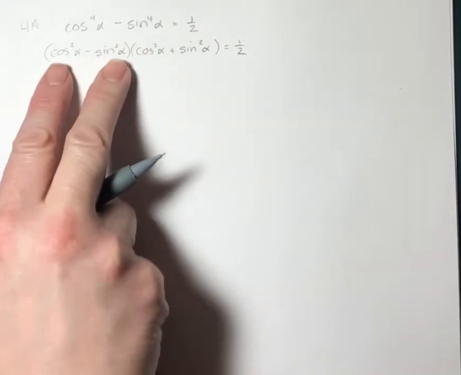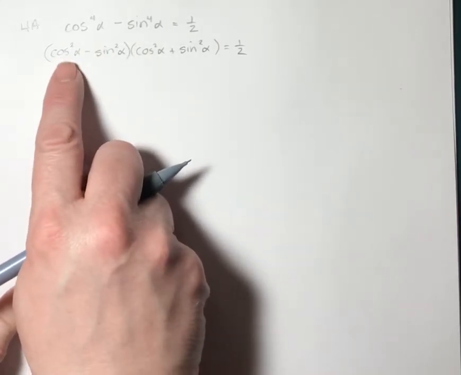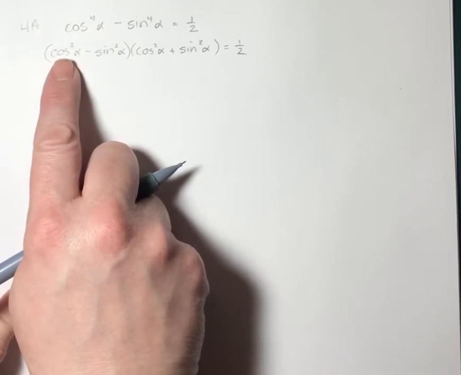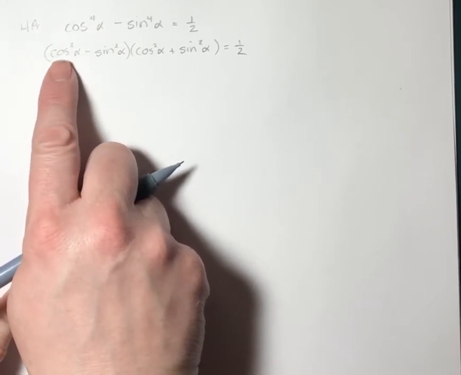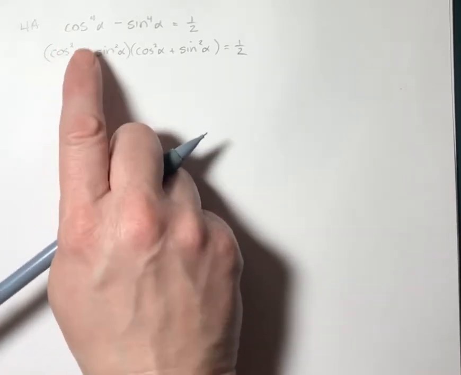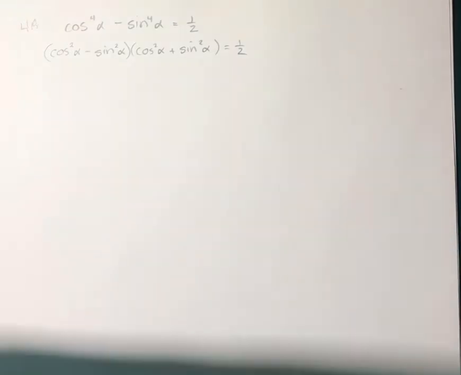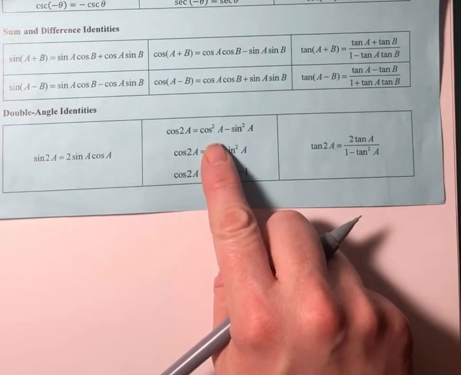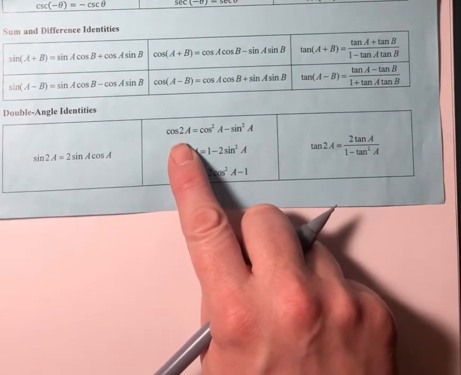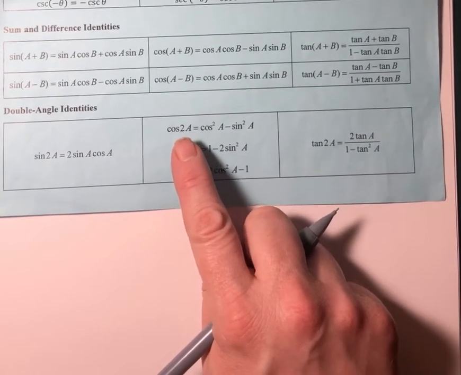And then right here, I have cosine squared and sine squared. Now, you might be tempted to say that cosine squared is 1 minus sine squared, or that sine squared is 1 minus cosine squared. But if you recognize this, cosine squared minus sine squared is equal to cosine of 2 theta, and so you can go either direction.